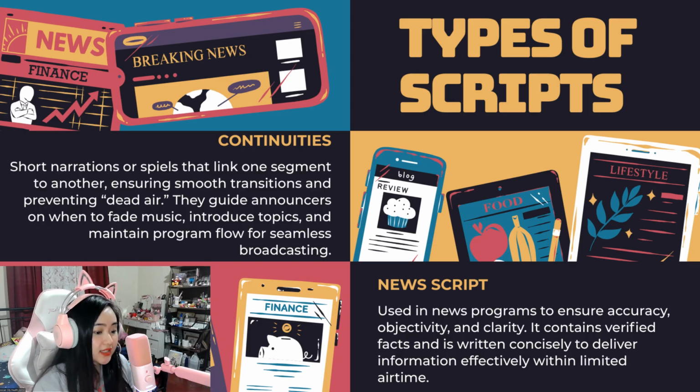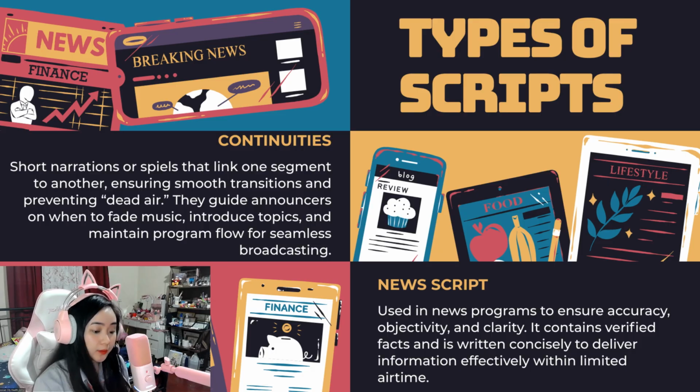The second type is news script. A news program requires a full blown script because accuracy and relevance of information are essential. The script contains verified facts about events and issues in the community, the nation, and the world. It is written clearly, objectively, and concisely so that the announcer can deliver the story precisely, focusing on what happened, where, when, and why.